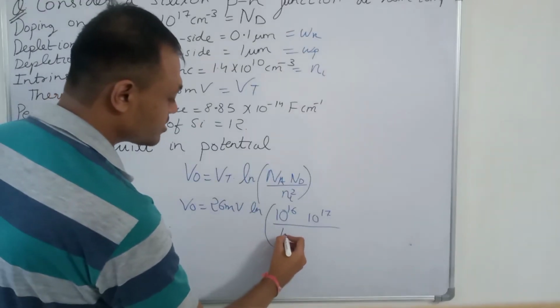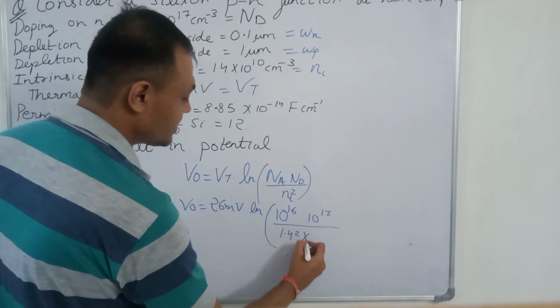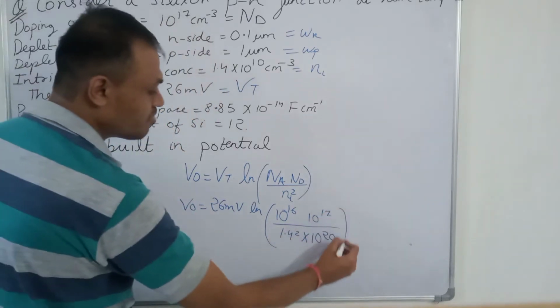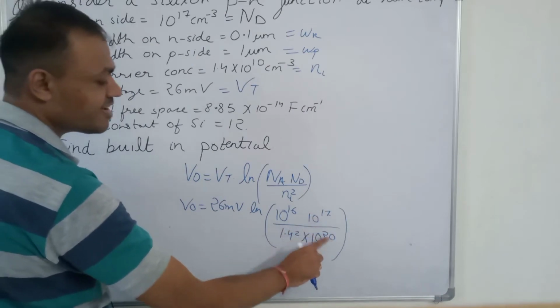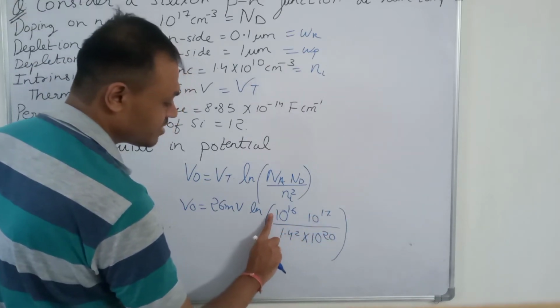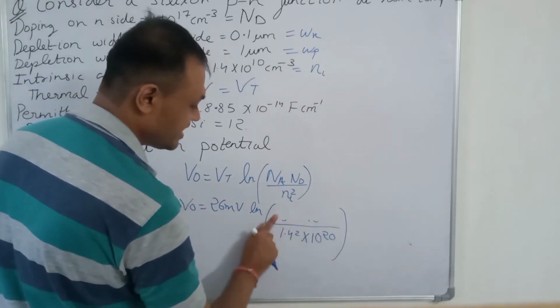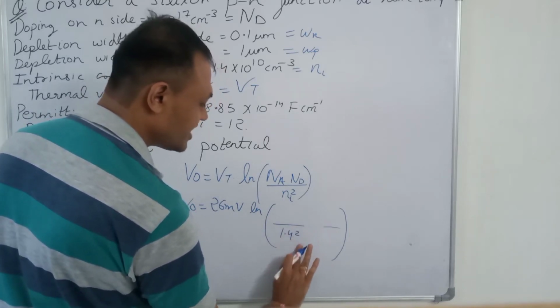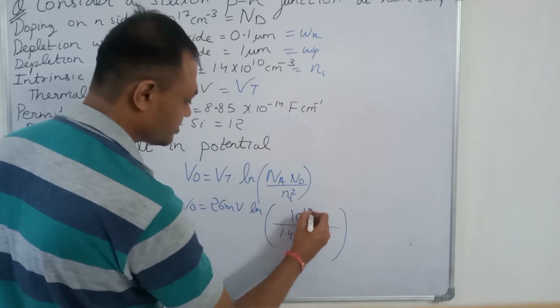So 1.4 square into 10 to the power 20. So this will be equal to 10 to the power 33 divided by 10 to the power 20, which is 10 to the power 13 divided by 1.4 square.